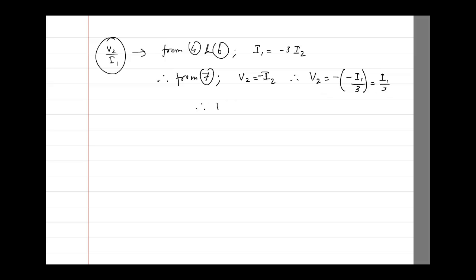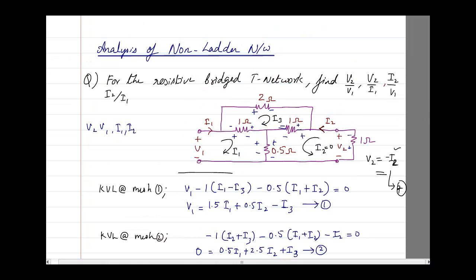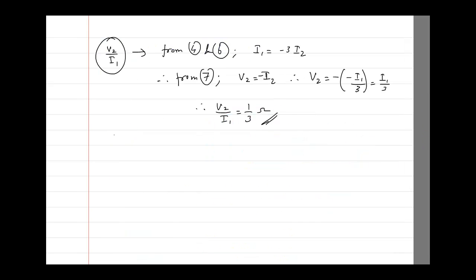Therefore, V2 by I1 is going to be equal to 1 by 3 ohms. So that also we have found out. What is the last one? So sorry, I2 by V1. What is I2 by V1? So next is I2 by V1.